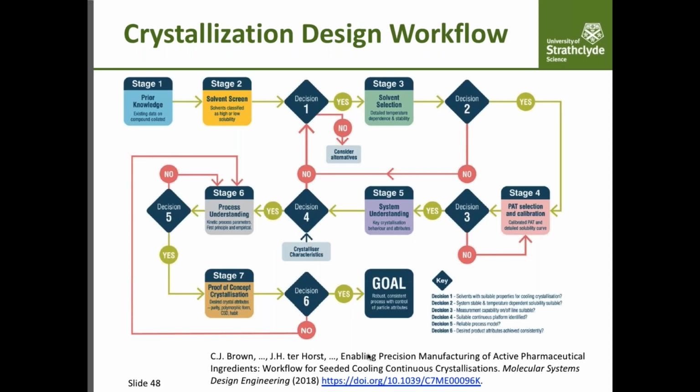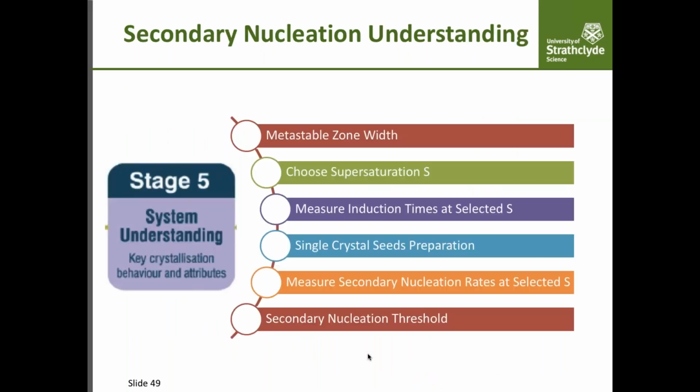So we used this secondary nucleation rate measurement method in the workflow. That would be in stage 5 of the workflow, where we investigate system understanding. This stage 5 for the secondary nucleation understanding consists of measuring the metastable zone width and then choosing a supersaturation within the metastable zone so that you can measure induction times at the selected supersaturation ratio.